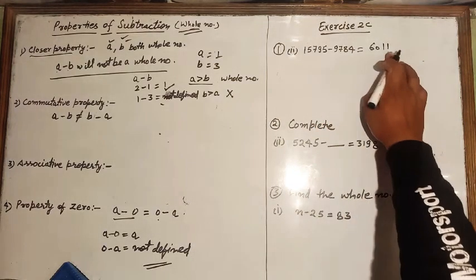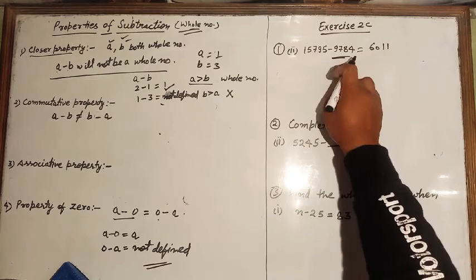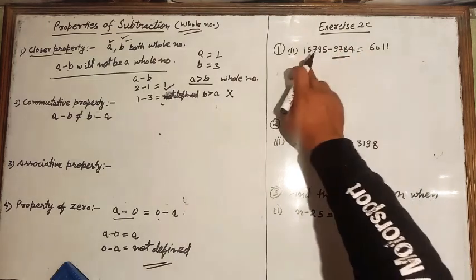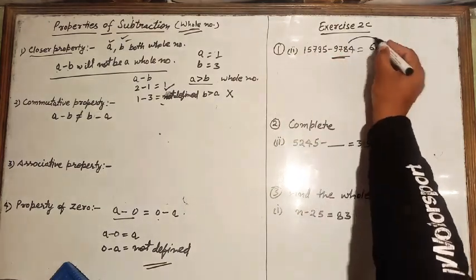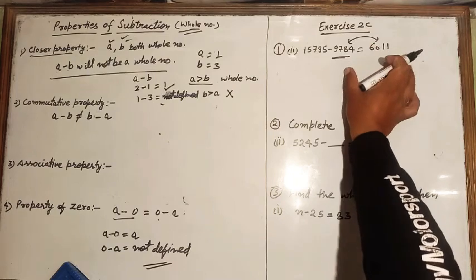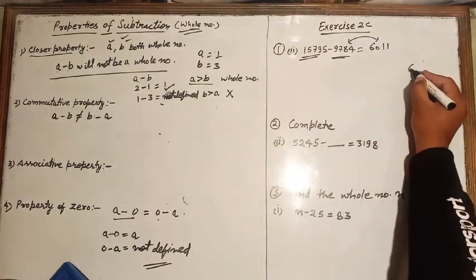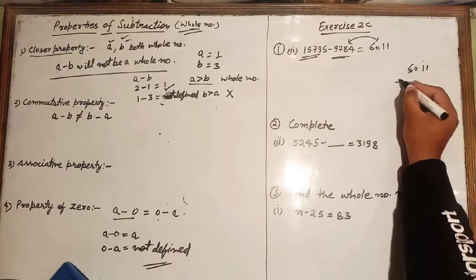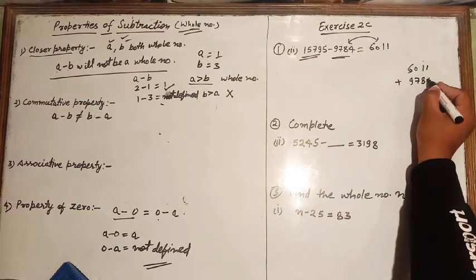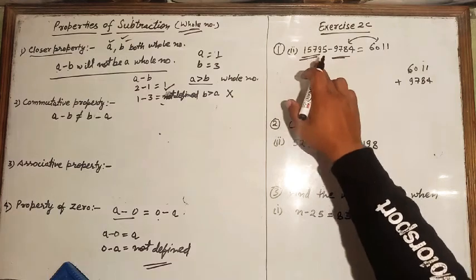Whatever term we are subtracting, we will add to our result, and the sum should be equal to the first number. So we will check 6011 plus 9784, it should be equal to 15795.